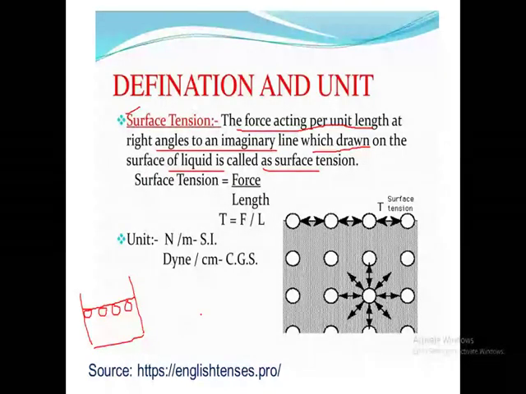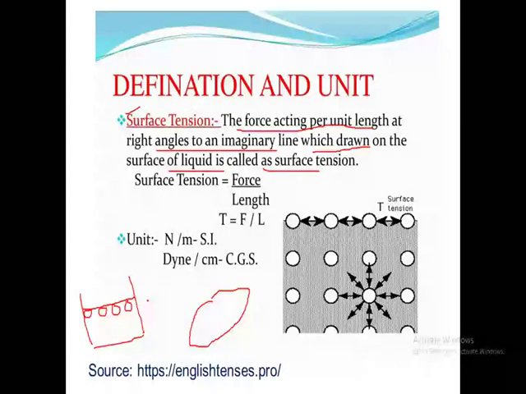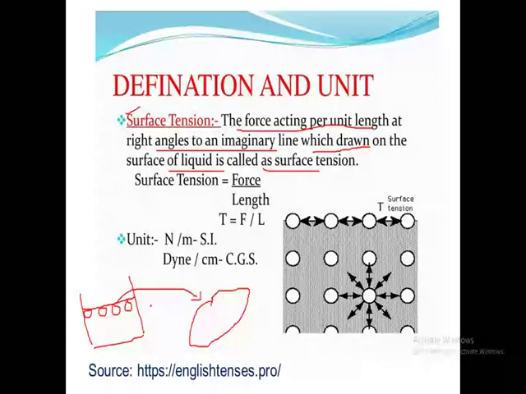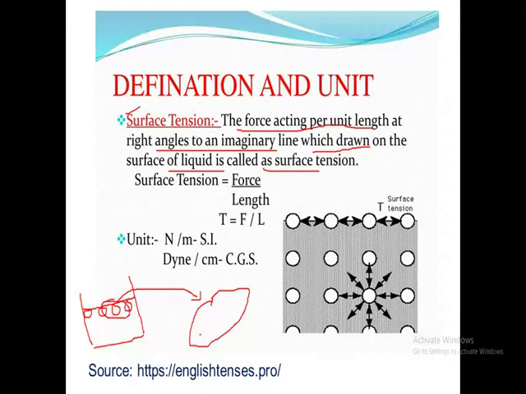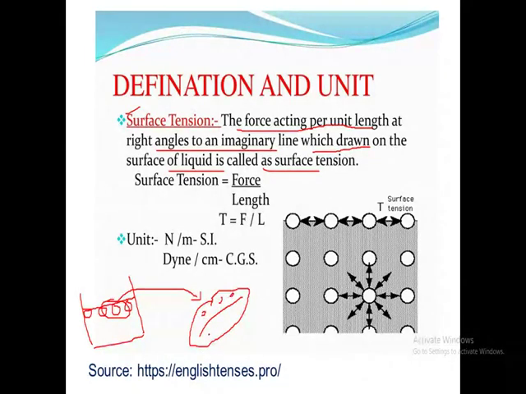I take a small area of the surface where I want to find the surface tension, and draw an imaginary line on it. This imaginary line separates the molecules on this side and the molecules on that side.